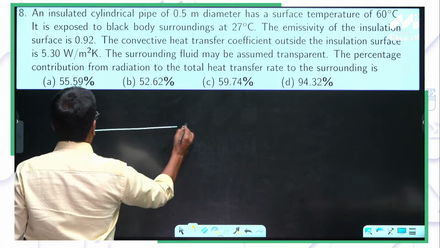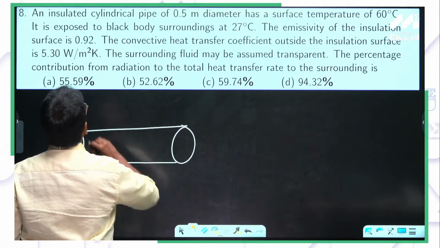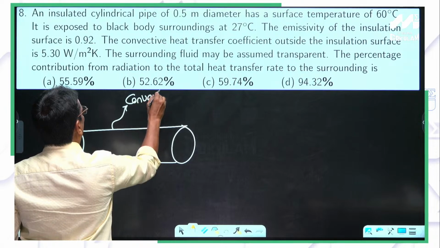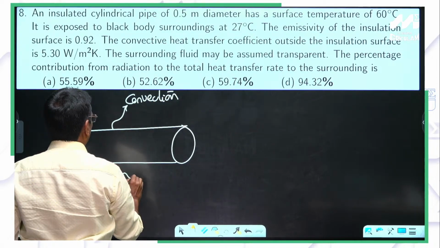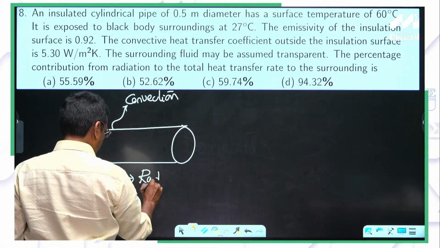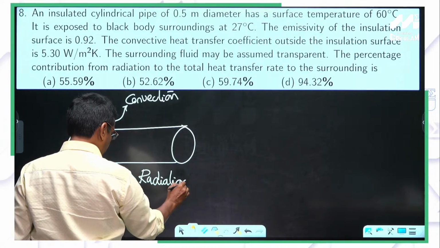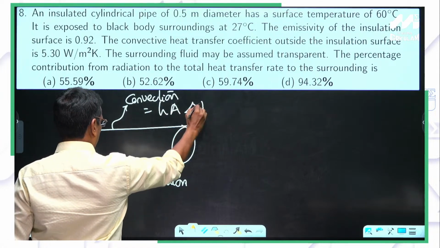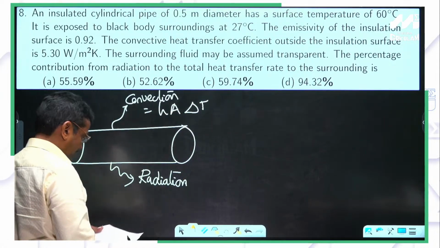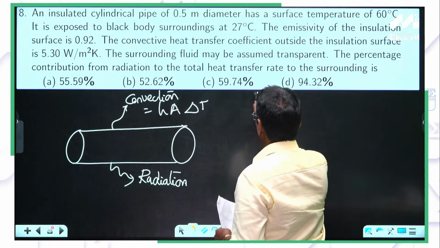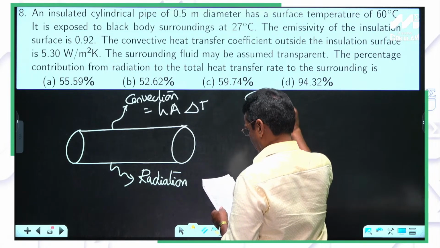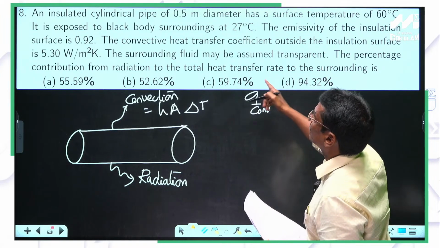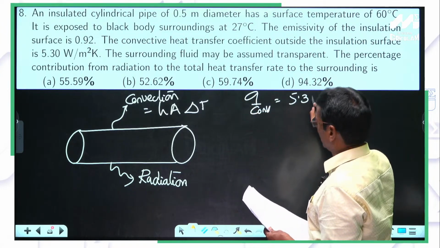There is a cylindrical pipe. The pipe is losing heat by convection and also by radiation. There are two different modes of heat transfer occurring simultaneously. Convection heat transfer rate is given by hA delta T. First I calculate from Newton's law of cooling the convection heat transfer rate. h value is given as 5.30.